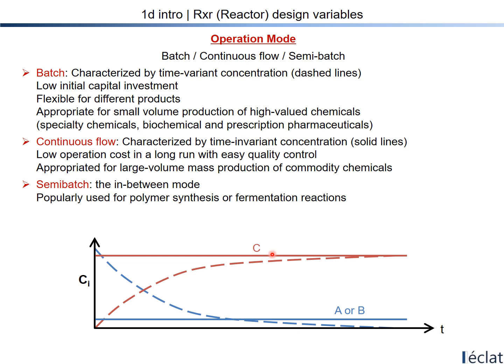That is, the continuous flow mode works at steady state. Semi-batch mode is the in-between mode between batch and continuous flow. The semi-batch mode is popularly used for polymer synthesis or fermentation reactions.